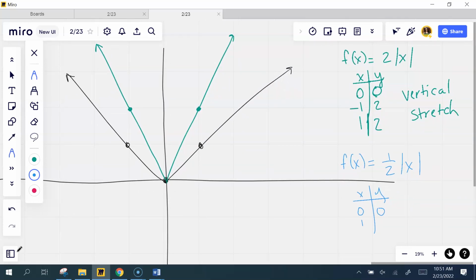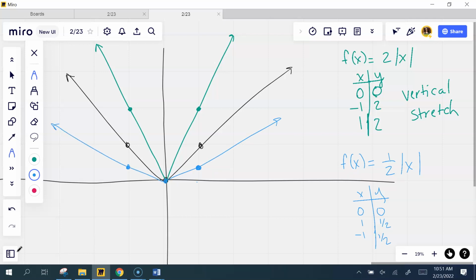Let's go 1 up and 1 down. What do you get? 1/2. That's exactly right for both of them. (1, 1/2), (0, 0), and (negative 1, 1/2). It got wider. That's exactly right.